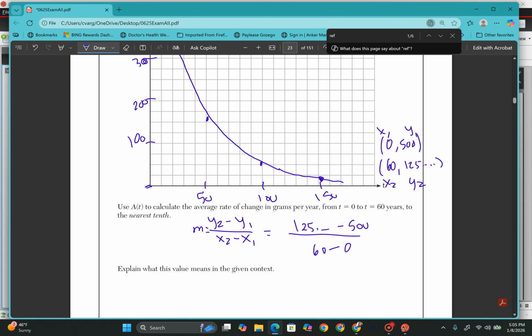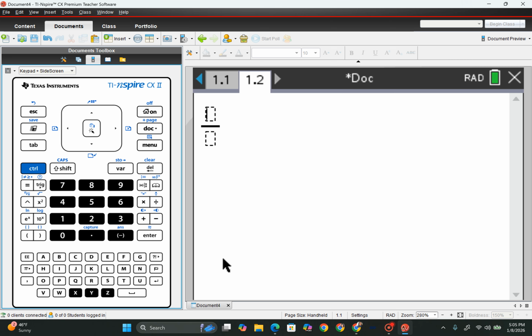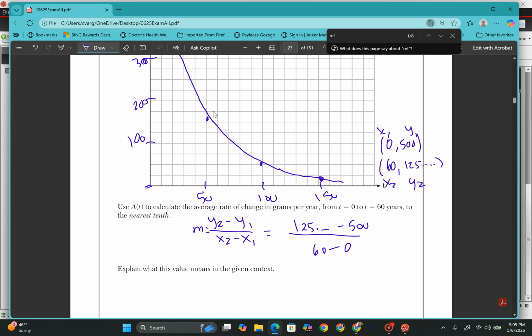Now this is something that I can plug into my calculator. So I'm going to do Control V, paste that number. Minus 500 over 60 minus 0.